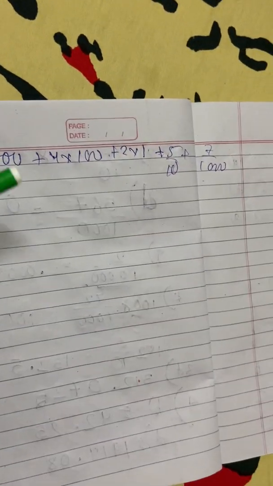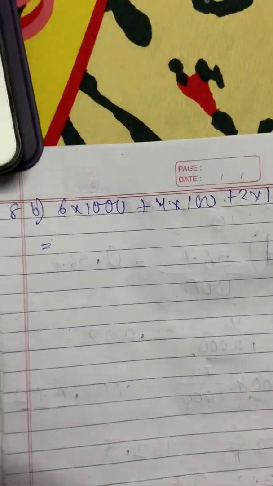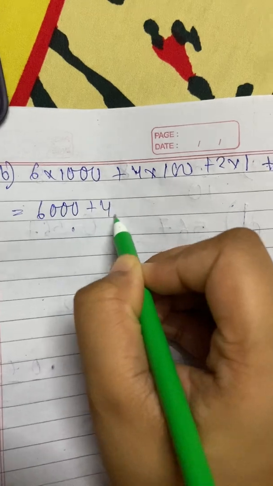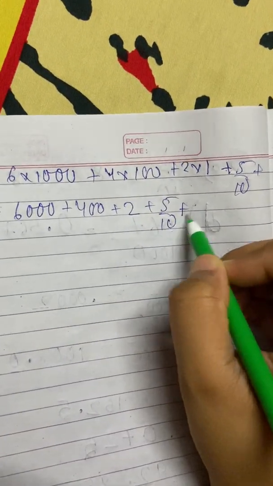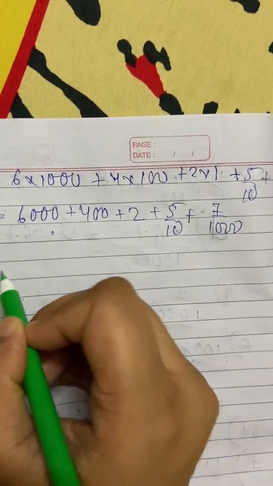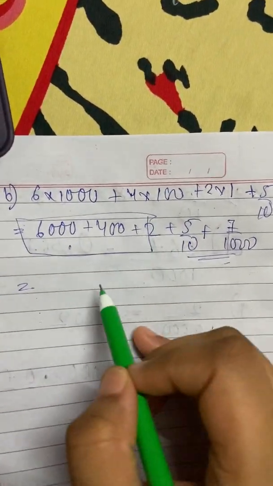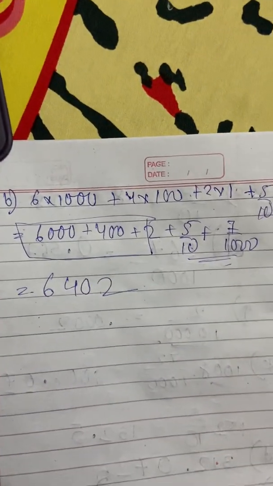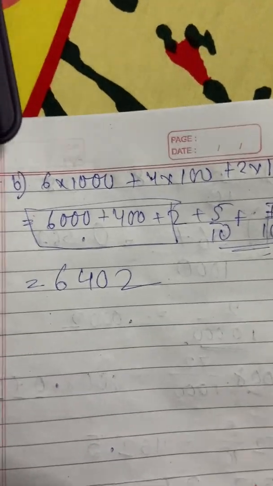So how will we write? 6 into 1000 is 6000. So once I am writing like this, 6000 plus 400 plus 2 plus 5 by 10 plus 7 by 1000. So leave this part. First we'll solve this part. So this is clearly 6402. This you know. There is no tens place, so we'll leave as such.